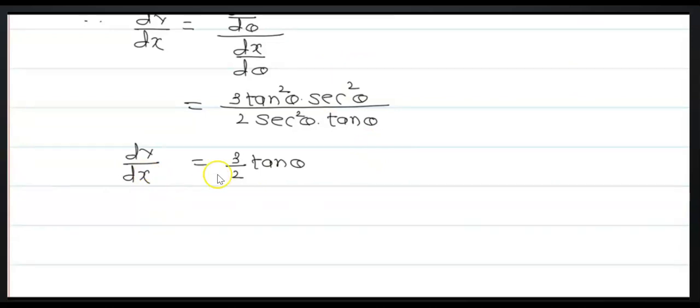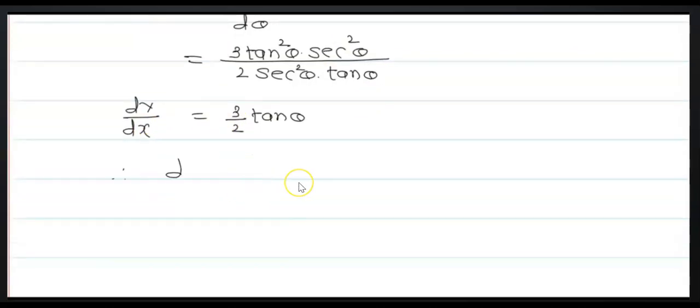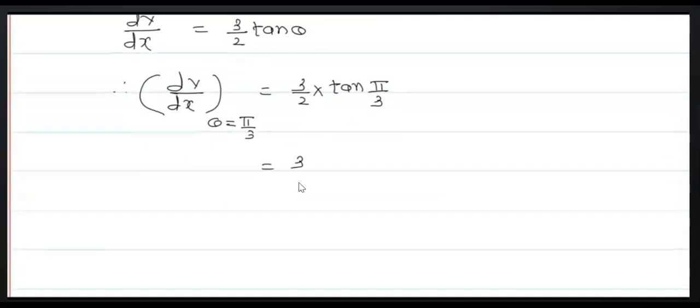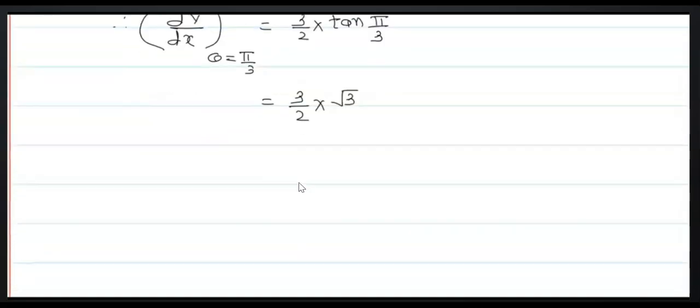Therefore, dy by dx is equal to 3 by 2 tan theta. At theta is equal to pi by 3, tan pi by 3 is root 3, and hence dy by dx is equal to 3 root 3 upon 2.